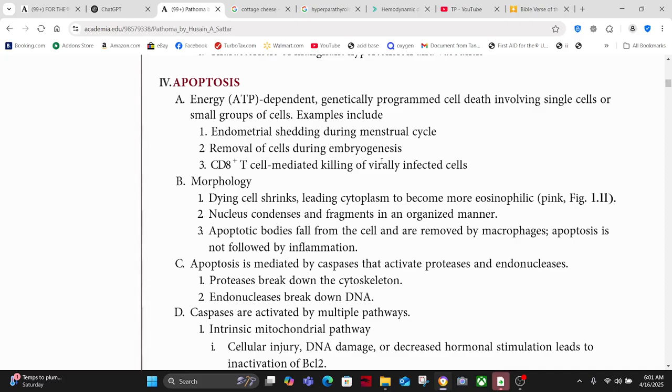This is when cellular injury and DNA damage or decreased hormonal stimulation leads to inactivation of BCL2. Lack of BCL2 allows cytochrome C to leak from the inner mitochondrial matrix into the cytoplasm and activate caspases.